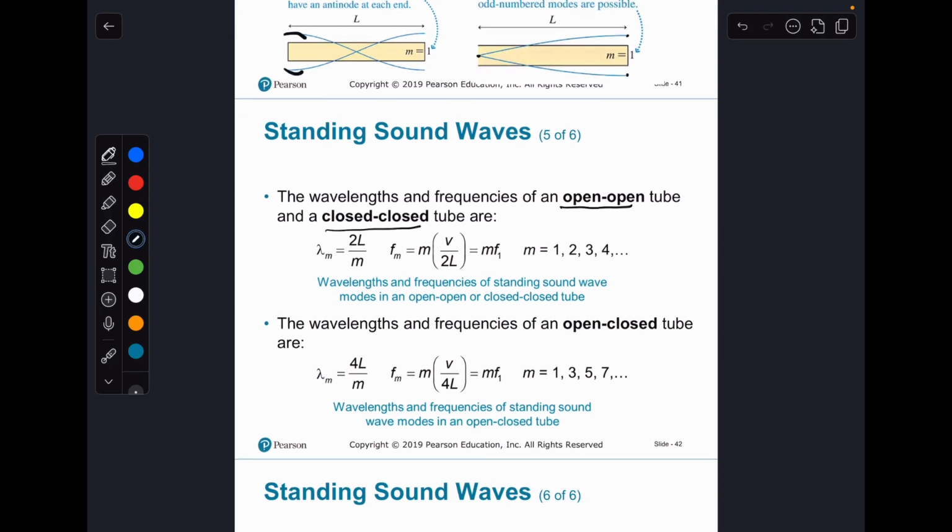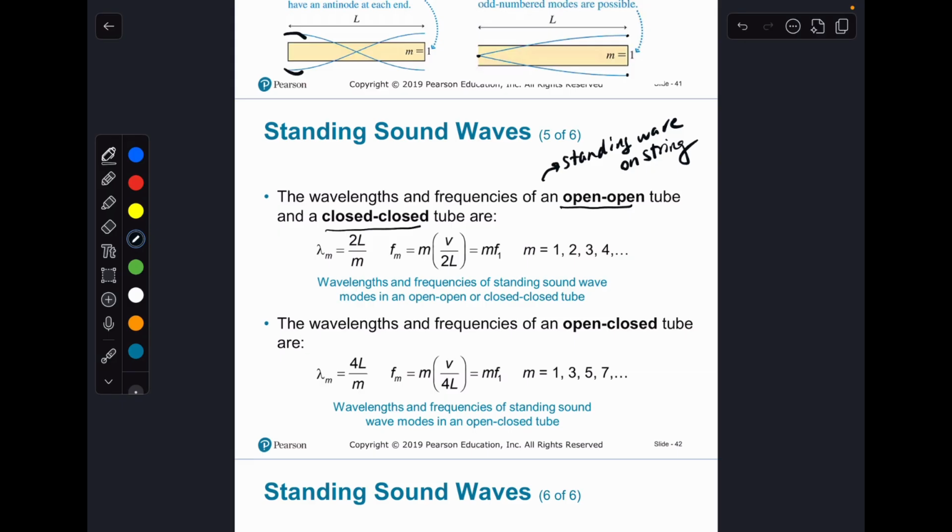The open and closed tubes are going to look a lot like the standing wave on the string. The wavelength is going to be equal to twice the length of that tube divided by whatever mode you're at. Then we use our fundamental wave equation to convert between lambda and frequency, and we get the exact same equation that we saw for standing waves on a string.